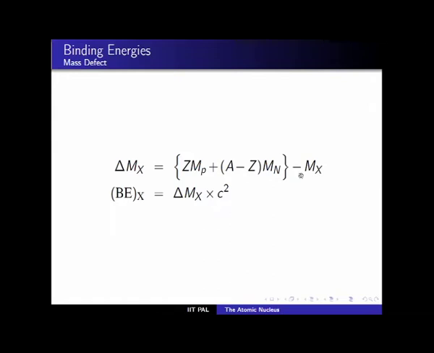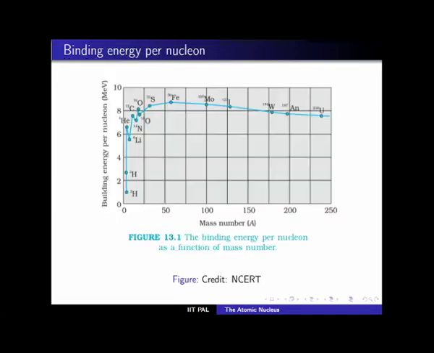The way I have defined it here, my delta mx is a positive quantity. If I had changed the sign, it would have been negative. But my binding energy is always a positive quantity. Therefore, binding energy is given by delta mx into c squared. Therefore, this delta mx is the negative of the mass defect that I defined when I wrote it on the sheet of paper.